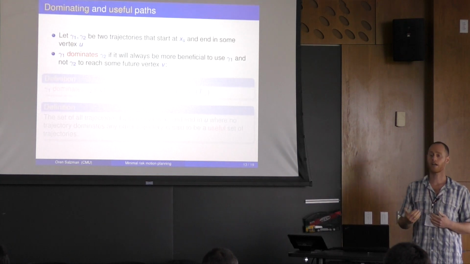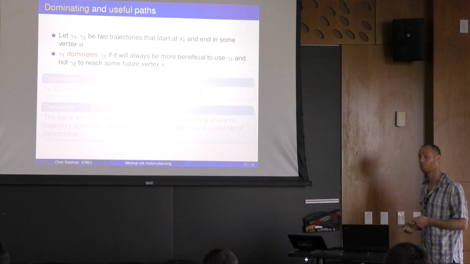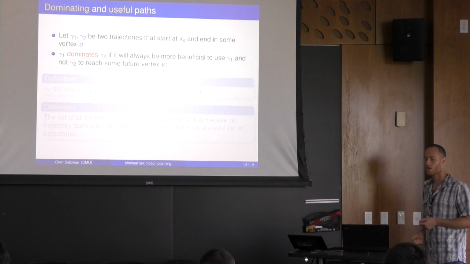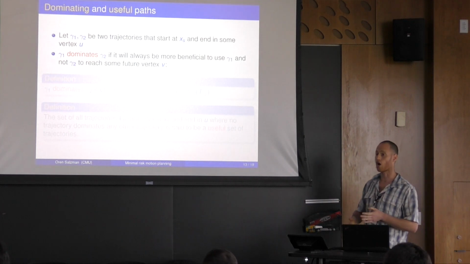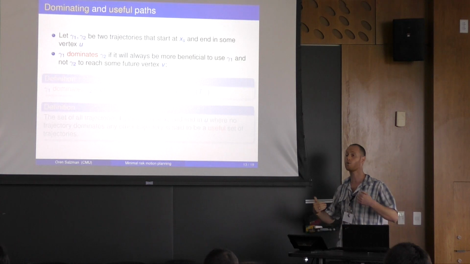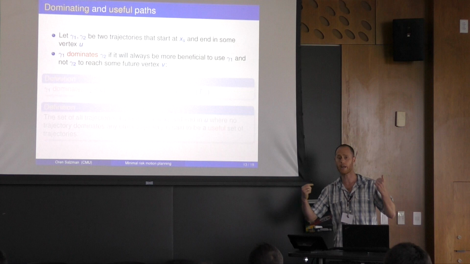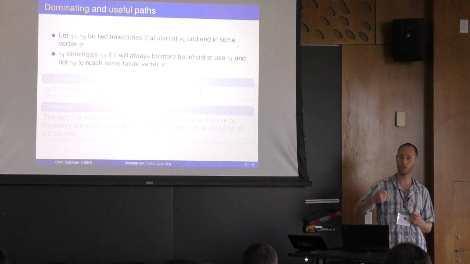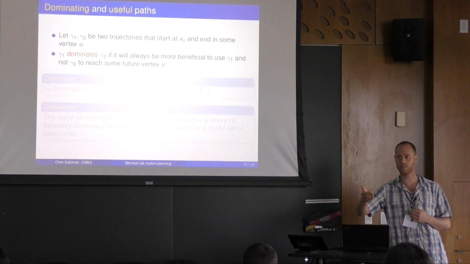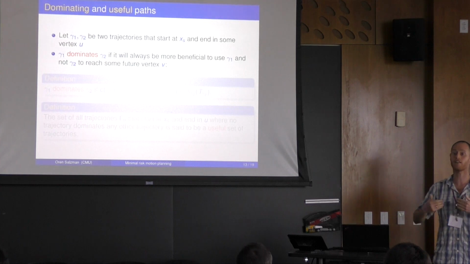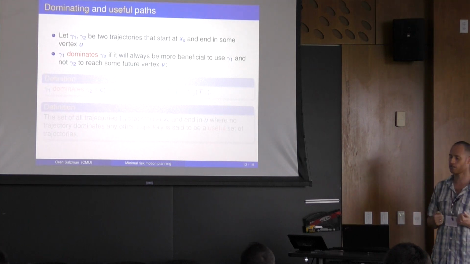If we want some online algorithm, we need to use the notion of domination and useful paths. So we say that one trajectory dominates the other if it's always better to use it to reach some future vertex. So in the analogy of snails, if one snail is before another snail and it has less muck on its foot.